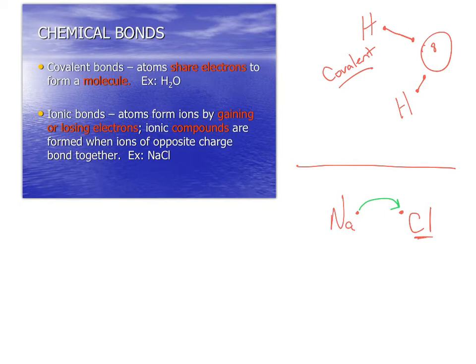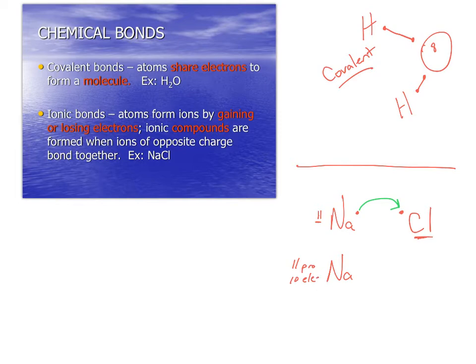When that happens, sodium now has one more proton than electron. It was neutral before, all right? It had 11 protons, 11 electrons. Sodium is atomic number 11. And now that it lost an electron, it has 11 protons and only 10 electrons.